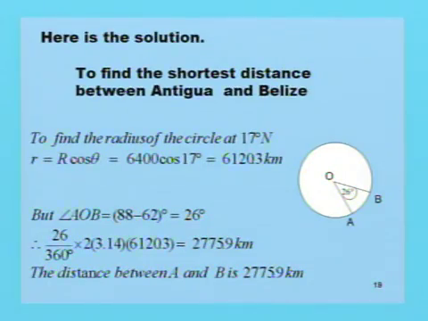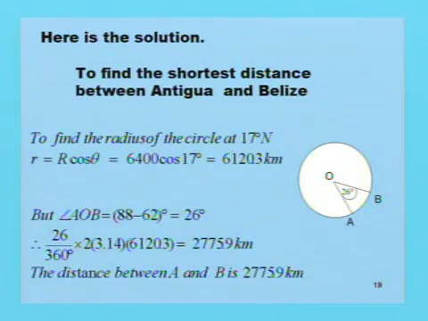Here is the solution. To find the shortest distance between Antigua and Belize, to find the radius of the circle at 17 degrees north, little r is equal to big R cos theta, where big R is 6,400 kilometers, which is the approximate radius of the Earth.